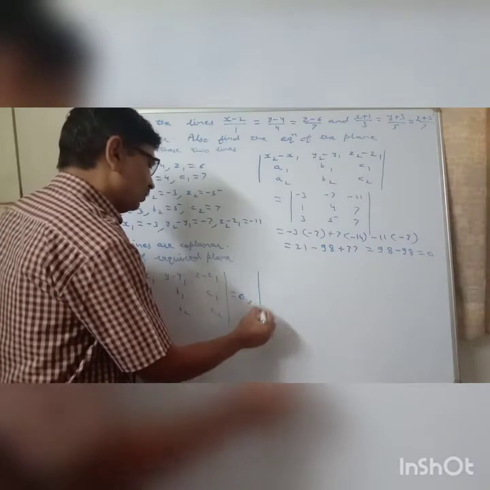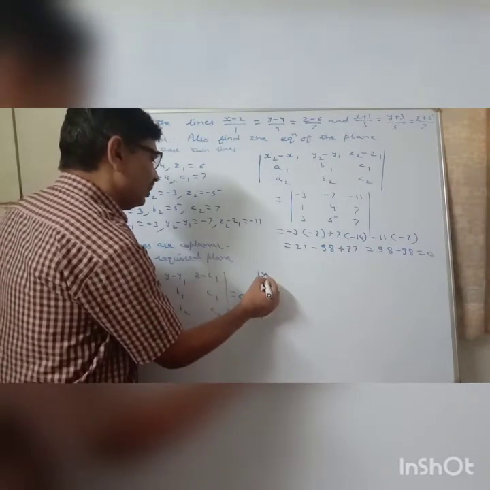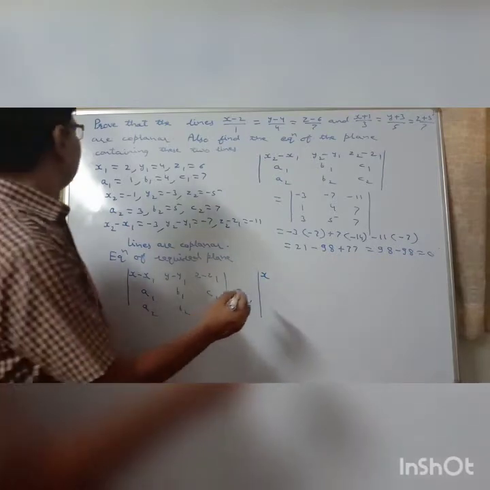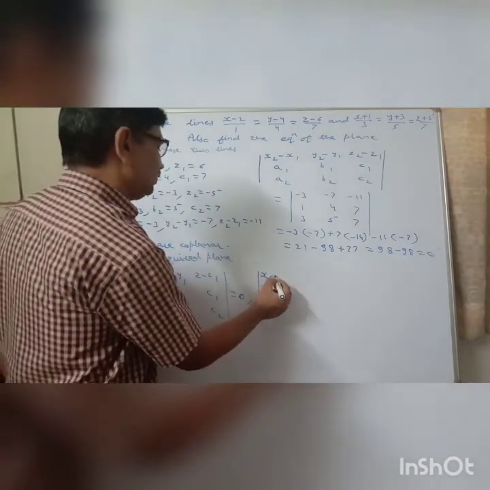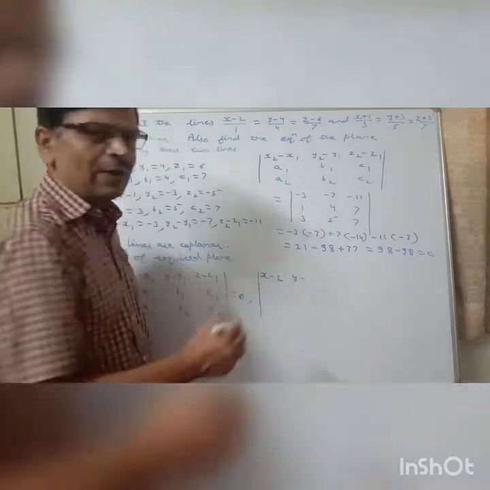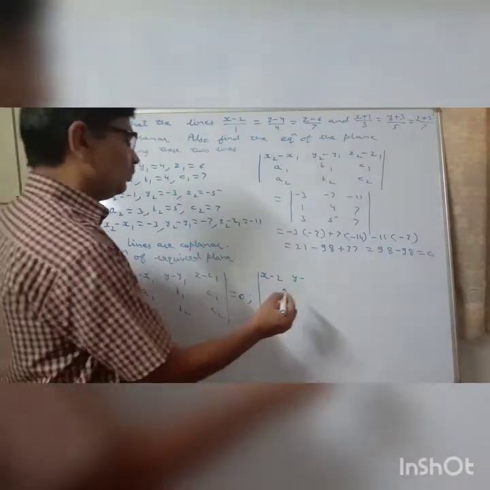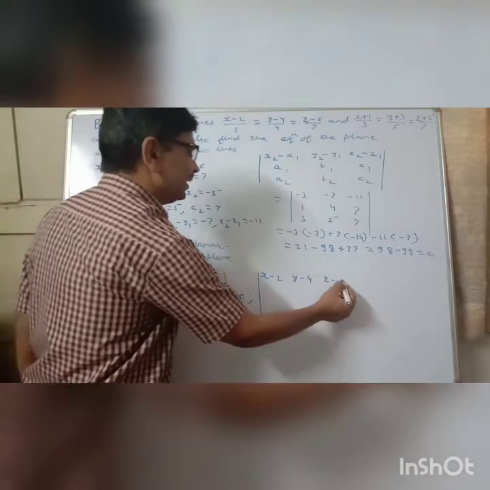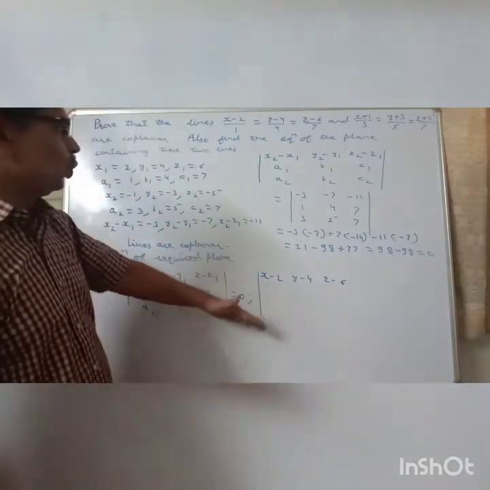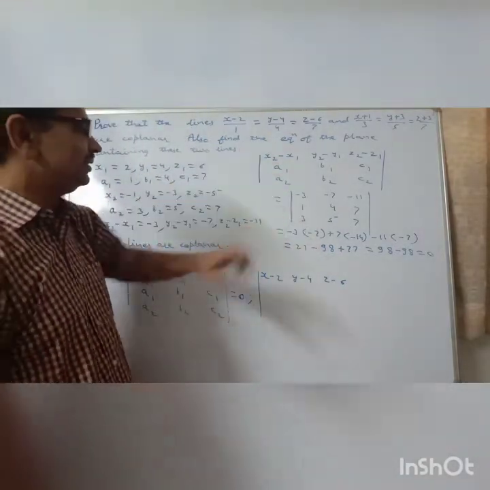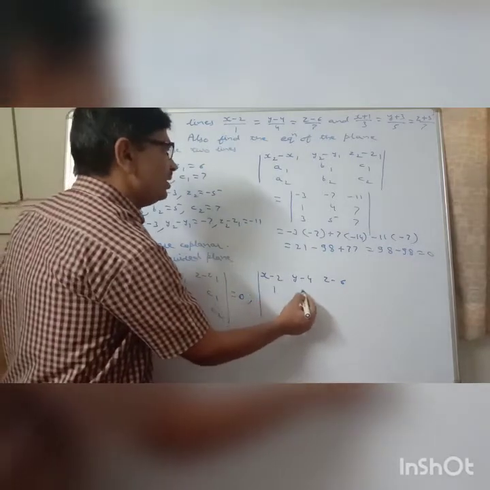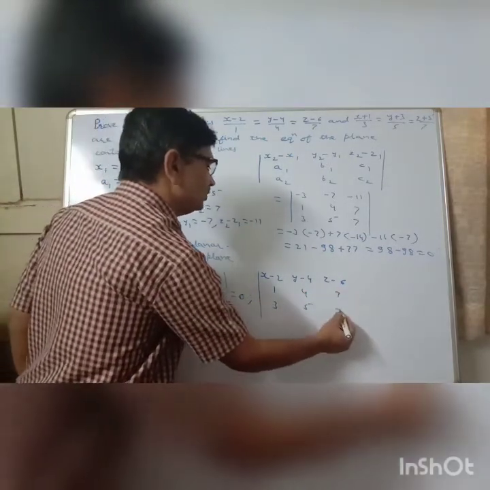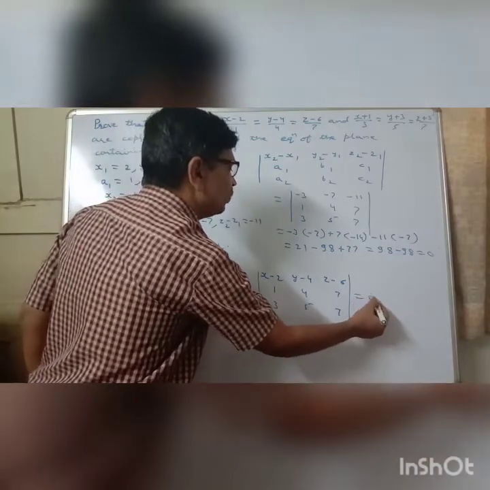Put the corresponding values. In determinant, x minus x1 is 2, y minus y1 is 4, z minus z1 is 6. Next two rows same as this: 1 4 7, 3 5 7, equal to 0.